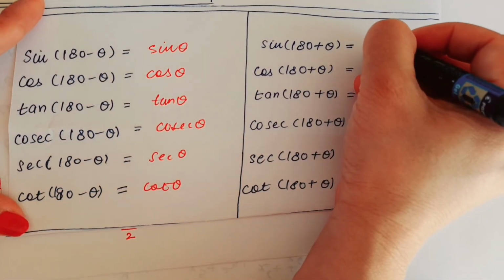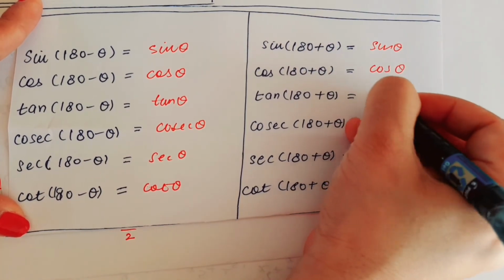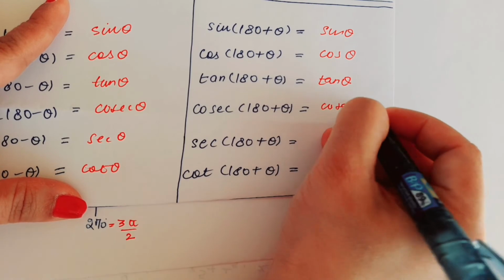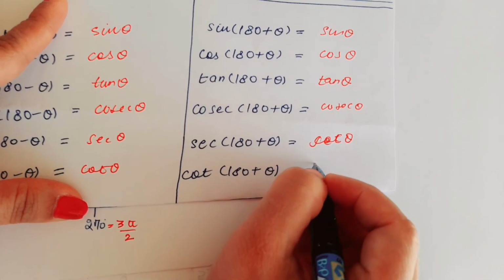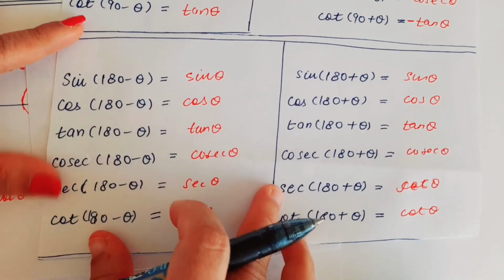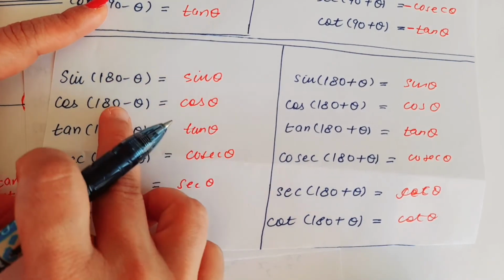And this is sine theta only, cos theta, tan theta, cosec theta, sec theta, and this is cot theta. Now you just need to tell the signs, because in 180 we do not change the ratio, we just change the signs.